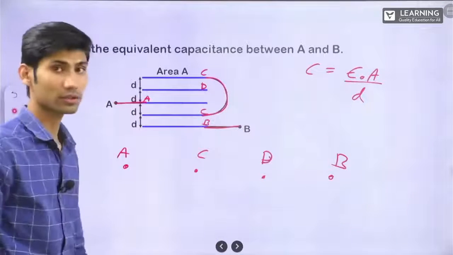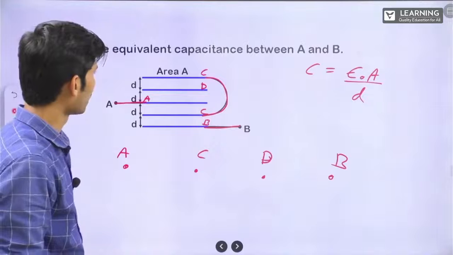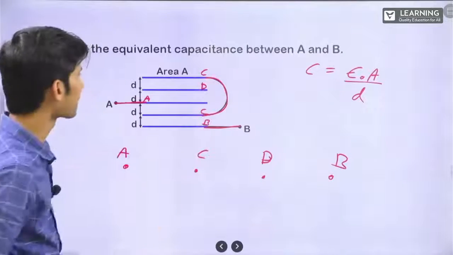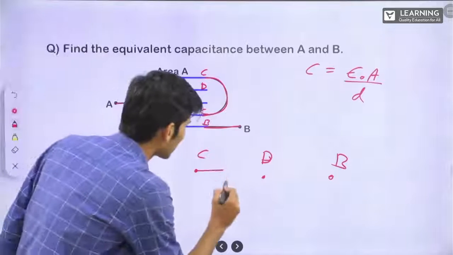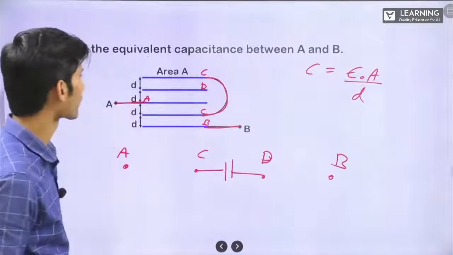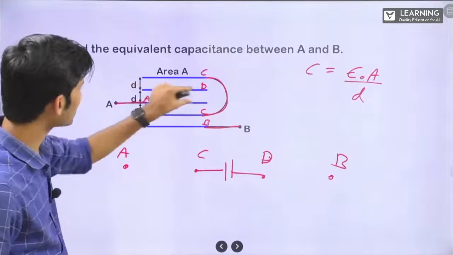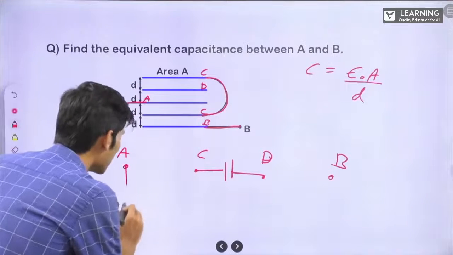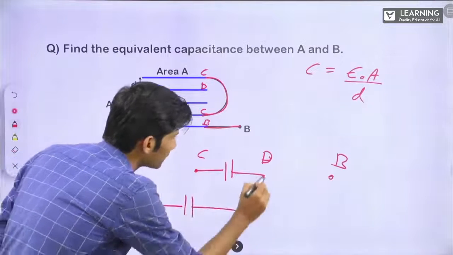Now see here. This capacitance is between C and D, so I'll make one capacitance here. This capacitance is between A and D. A and D means this will be something like this.